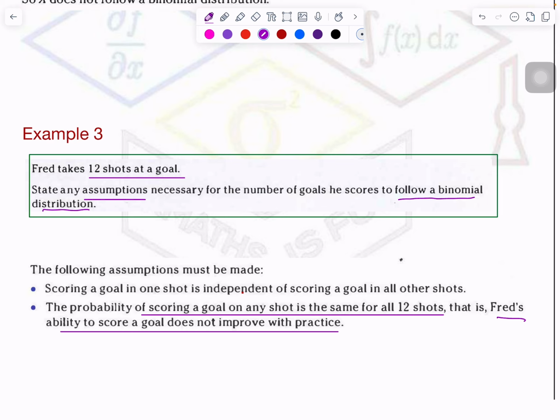So that's why it will not remain the same. Are you understanding my point? Right now we are saying what are the two assumptions we can make. We are making some assumptions here so that this situation suits binomial distribution. But if the question is framed in another way, then you have to answer accordingly. I hope you understood.